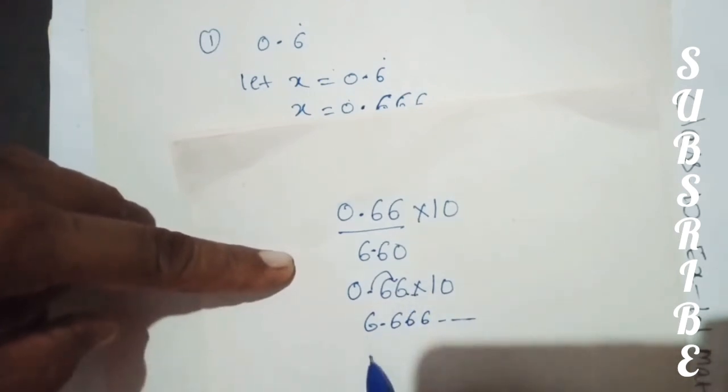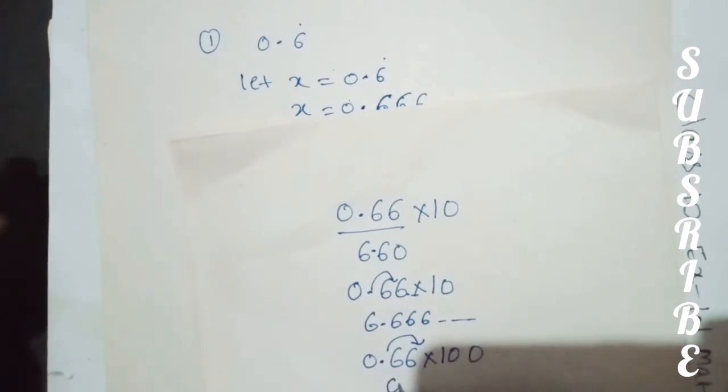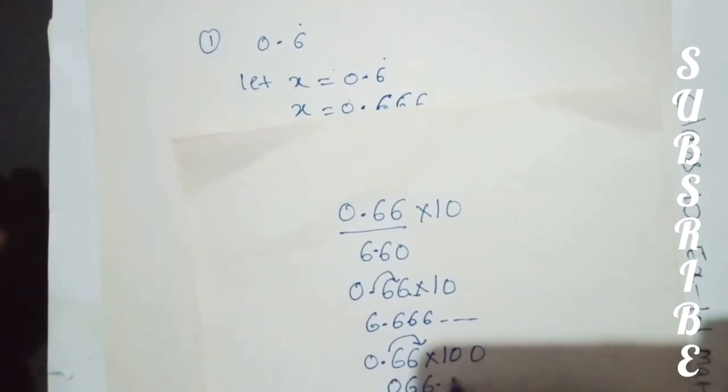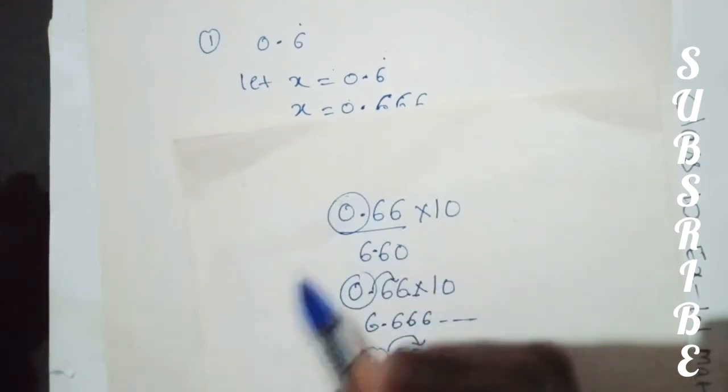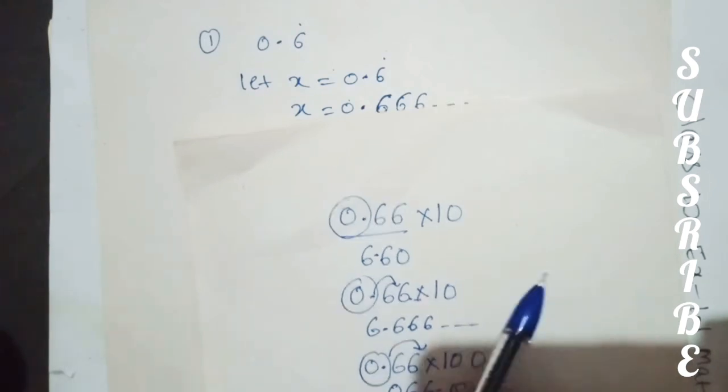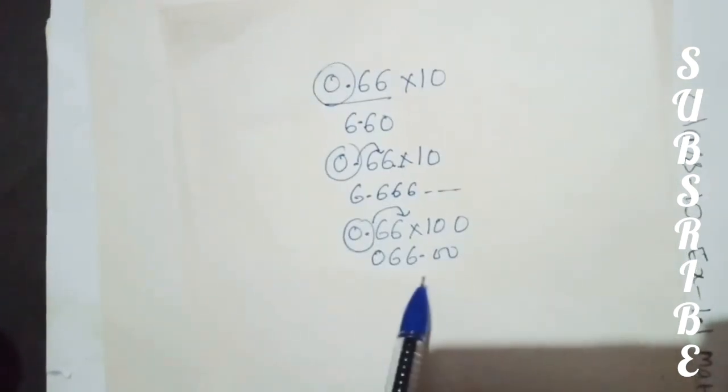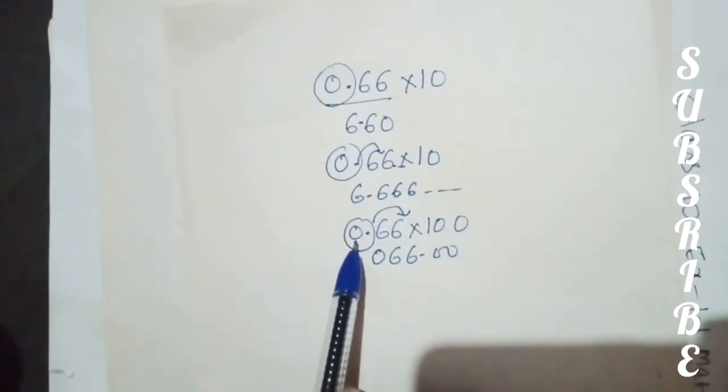You understand? If we have 0.66 into 100, so what happens? The decimal point shifts 2 digits. Here it is 066.00. See, most of the students, they get confused. What about this 0? Children, this 0 is nothing to do with this conversion. This 0 is just for convenience.